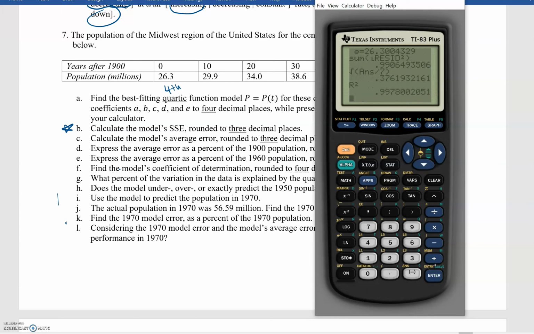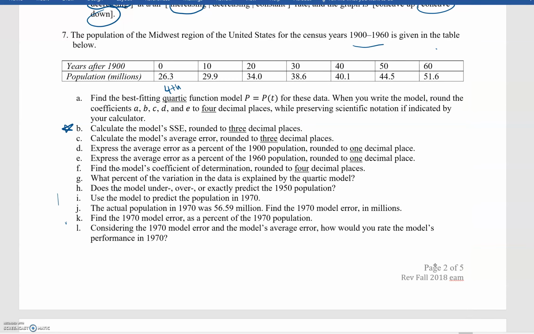And my coefficient of determination is 0.9978. And what percent of the variation in the data is explained by the quartic model? Well, that would be 99.78%. So we just take the coefficient of determination and put it into percent form.